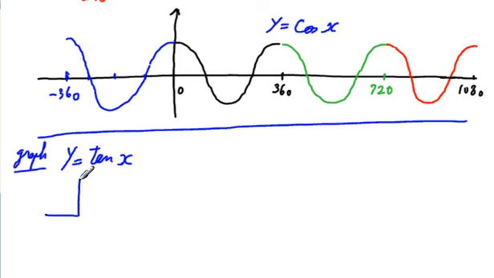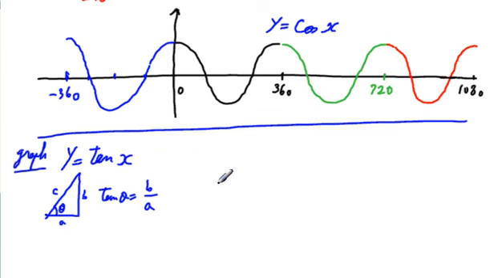Tangent is a ratio of, so if I have this angle theta, and these are my sides A, B, C, tangent of an angle is a ratio of opposite to adjacent. That's how we learned it in the very first lecture.